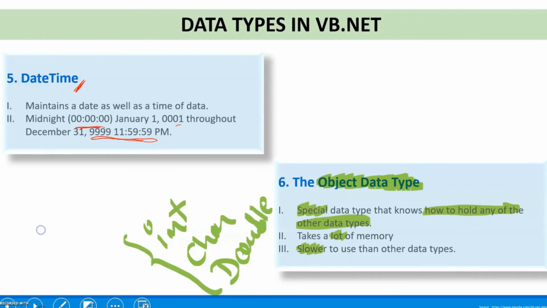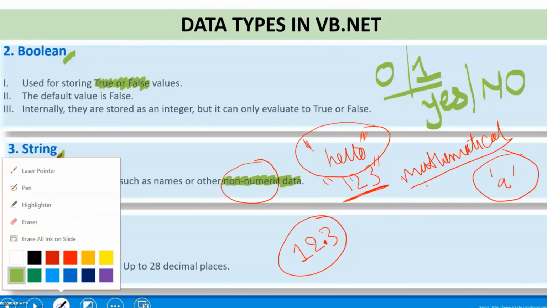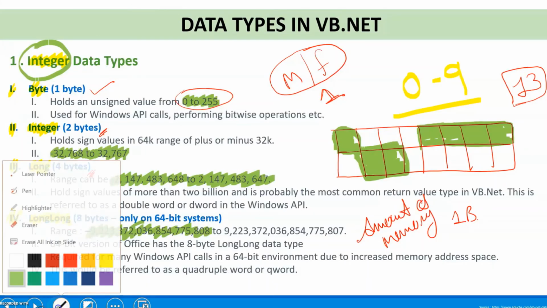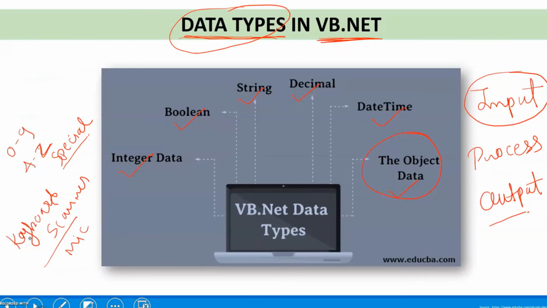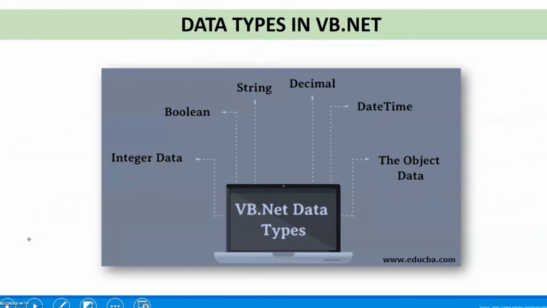So in this session we have discussed the different data types. How many data types do we have in total? Six: integer, boolean, string, decimal, datetime, and object. In integer we store number data, 0 to 9. In boolean we store true or false.